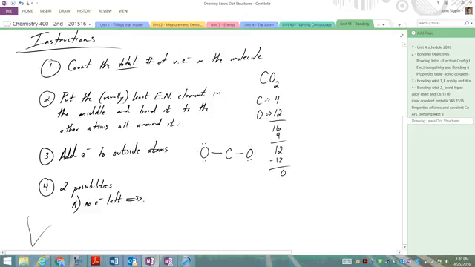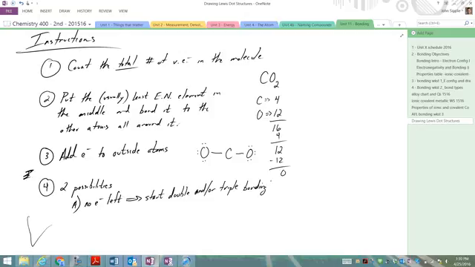If you don't have any electrons left, you need to start double and/or triple bonding, because we've got to start sharing more electrons than just the 2 between the 2 atoms to make sure everybody's happy. So, what can we do here?